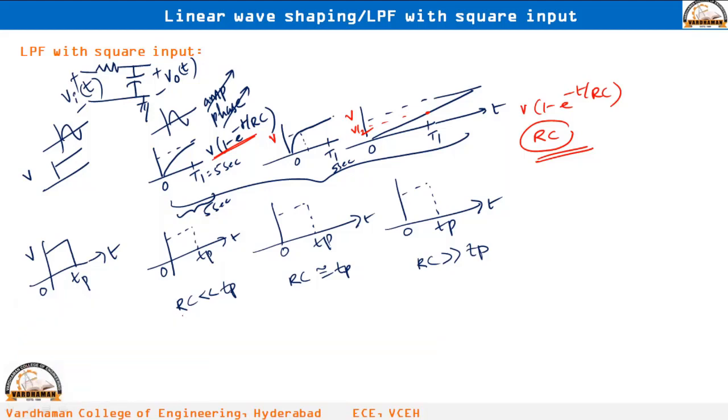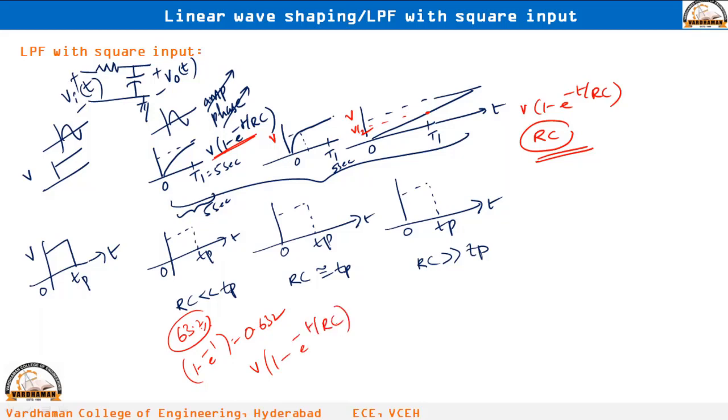As the time constant is very small, what is the meaning of time constant? It is the time taken by the output to reach 63.2% of the final output, because 1 minus e power minus 1 equals 0.632. Why did I take this value? Actually, the output equation is given by V times (1 minus e power minus t by RC).